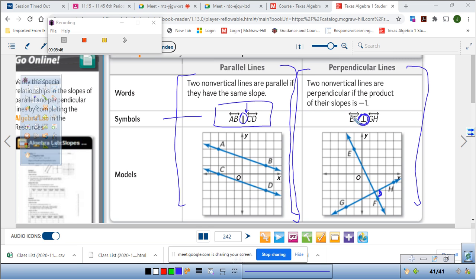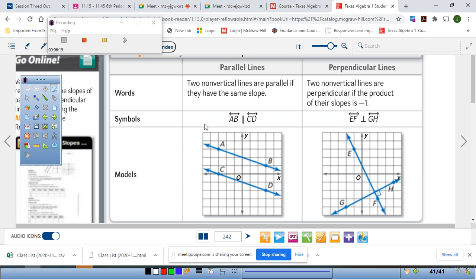Parallel, perpendicular. Okay, I'm going to move on, guys. Ready?